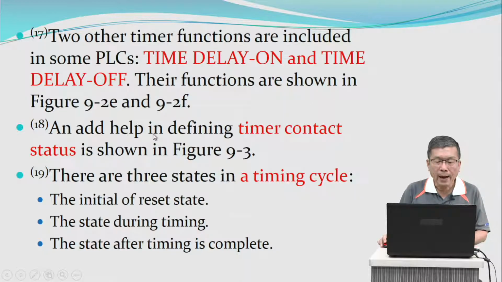An aid in defining timer contact status is shown in figure 9.3. There are 3 states in a timing cycle: the initial or reset state, the state during timing, and the state after timing is complete.